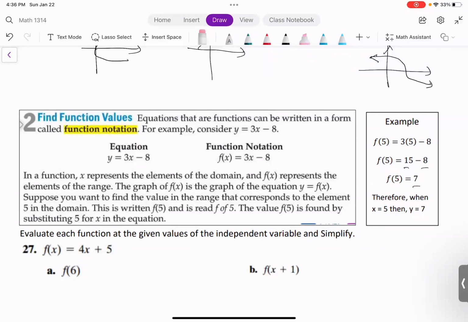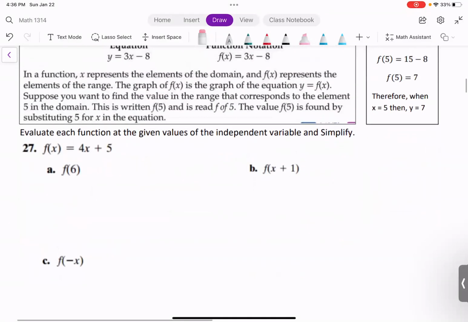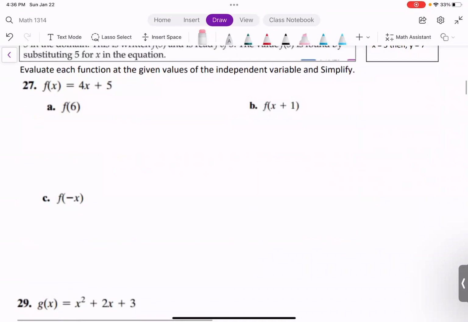Okay, let's see the next part, some examples. First example, the function f of x equals 4x plus 5. So if you have this f of x, we call the function like this.